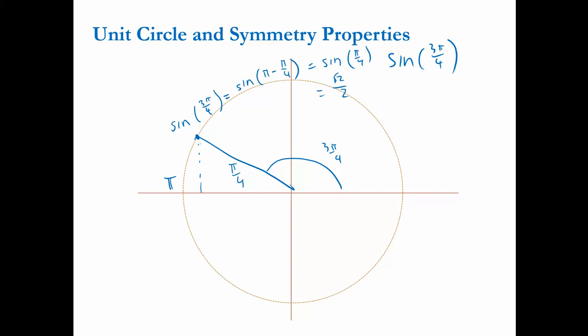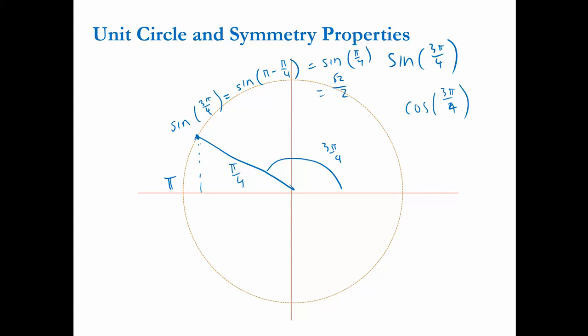So we know that sine of π/4, and we can see that the y values here are positive. That's why it's positive root 2 on 2. Whereas, as I said before, if it was cos of 3π/4, cos is the x length.